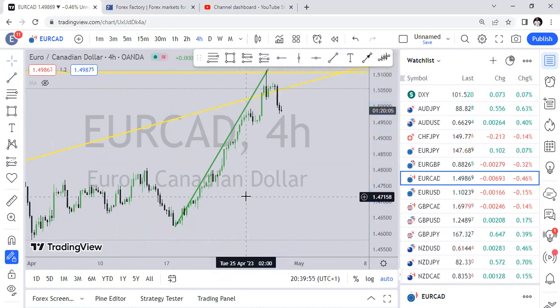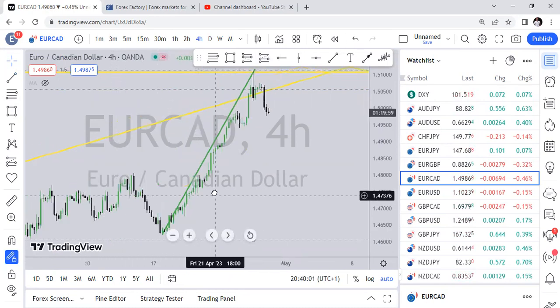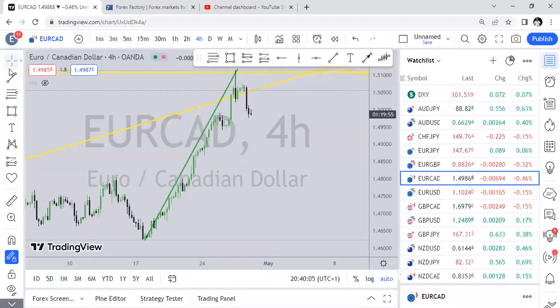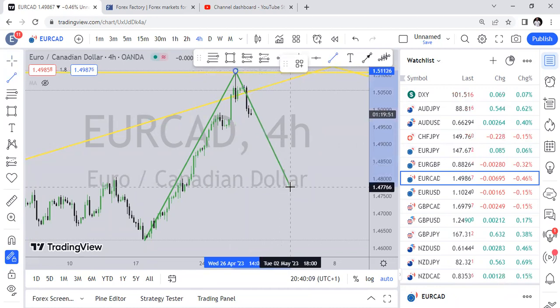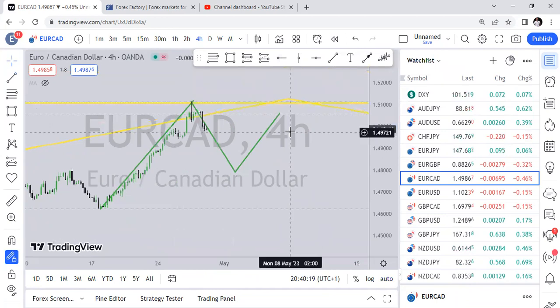So normally when the market sells off or goes in one direction like this, we expect that there is going to be a pullback, a pullback before you get a continuation.